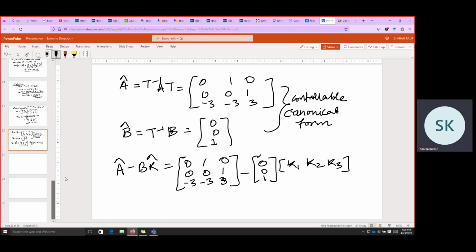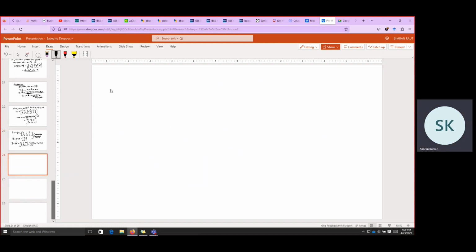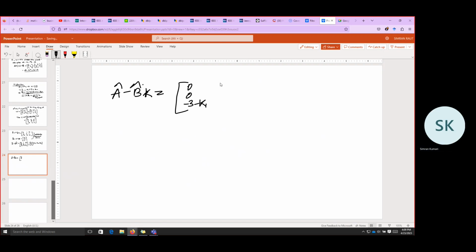When we multiply this, we get A cap minus B cap K cap equal to 0 0 minus 3 minus k1, 1 0 minus 3 minus k2, 0 1 3 minus k3.